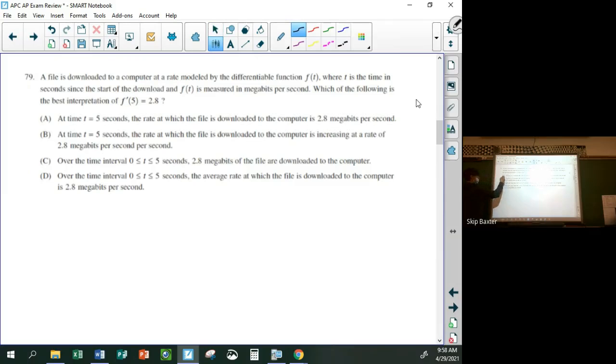All right, so I'm gonna ask you a few questions though. What would A be in symbols? Yeah, like what is A actually saying? That f of 5 is 2.8. Okay, what is C saying?